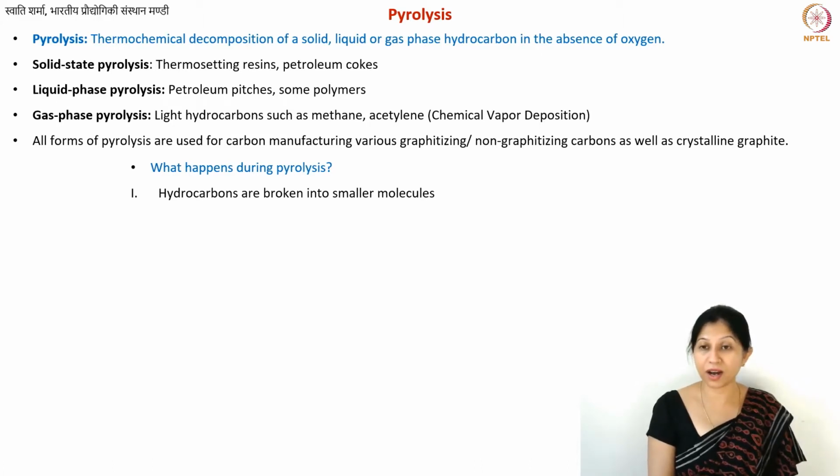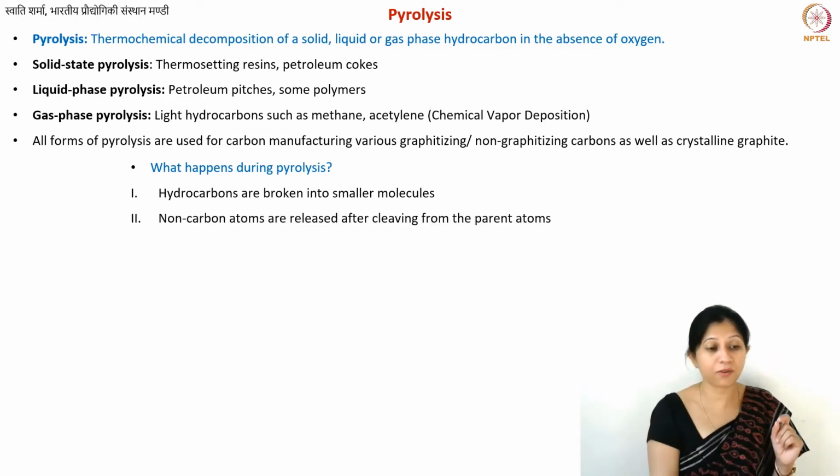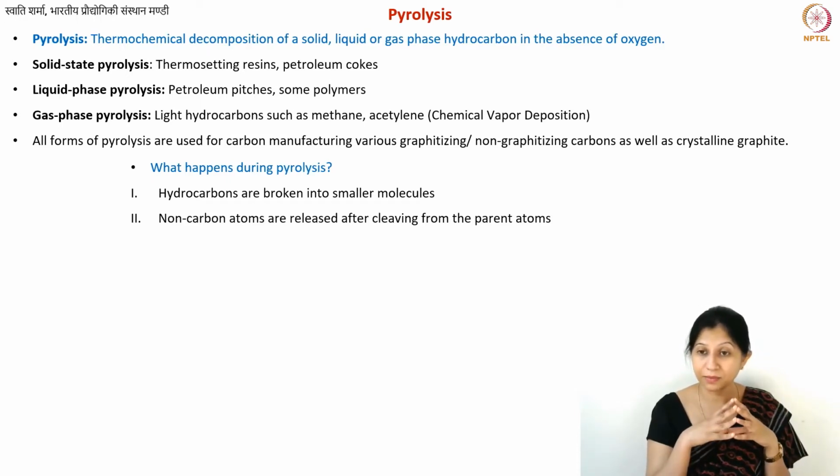If you have larger hydrocarbons, then they will break into smaller hydrocarbons. The smaller ones will further break into even smaller ones. So this fragmentation process will go on in the case of heavier hydrocarbon molecules. However, if you already start with methane or a very light hydrocarbon molecule, you are not going to get lighter hydrocarbon molecules, but the carbon-heteroatom bond will break in that case.